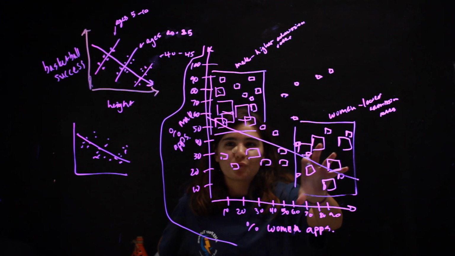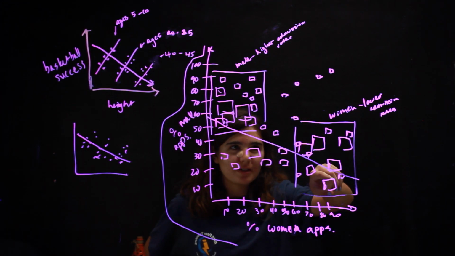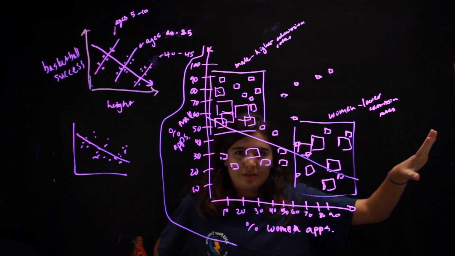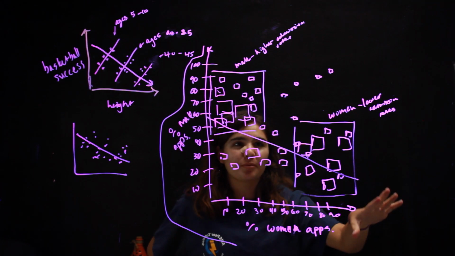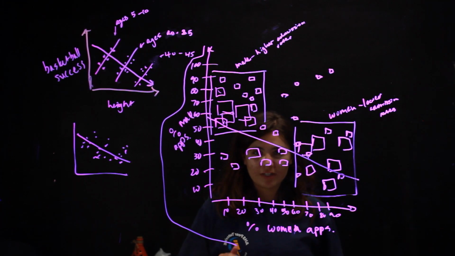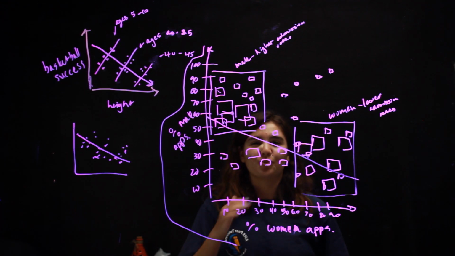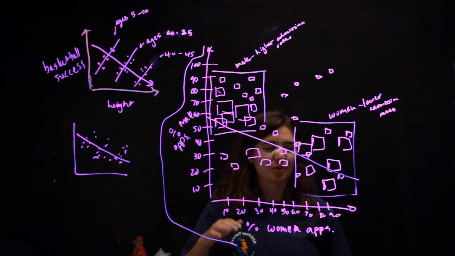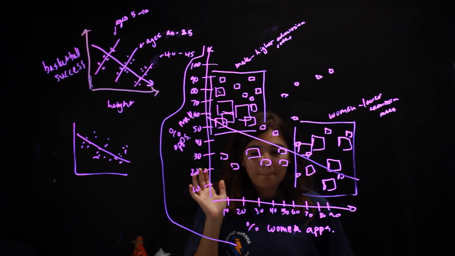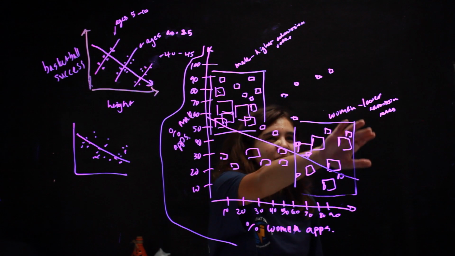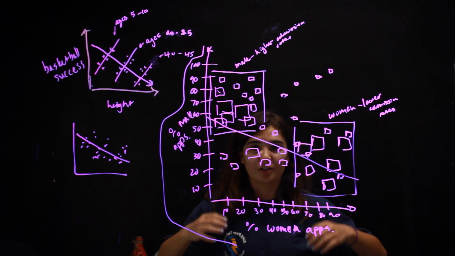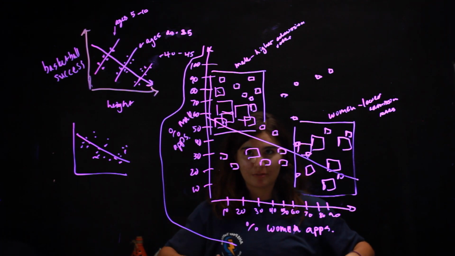So if they have more women and fewer men applying to them, then they're still going to get more women being accepted just because more women are applying. But overall, these have much lower admission rates. So there's going to be fewer women accepted in general, because everyone's being accepted less.